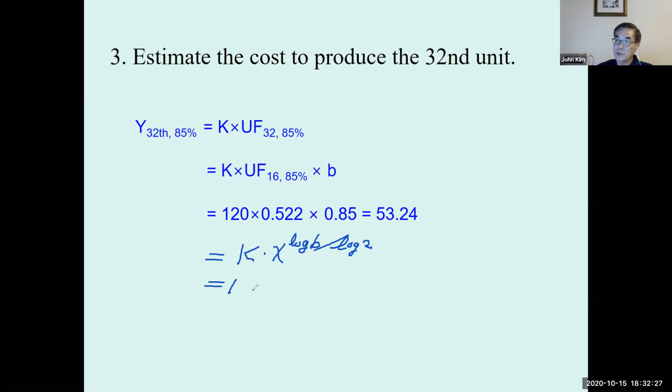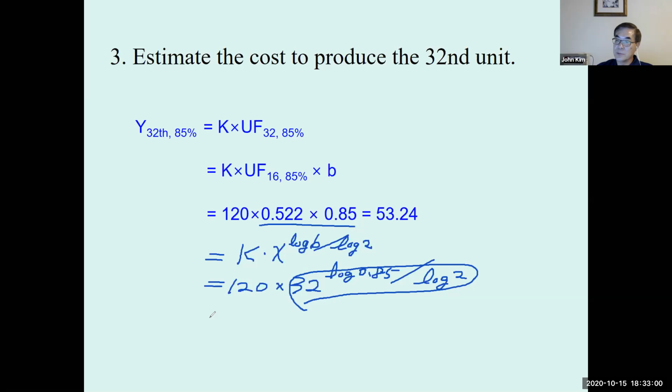That will be 120 times X, which is 32, and log B is 0.85, divided by log 2. So that is supposed to be this one.